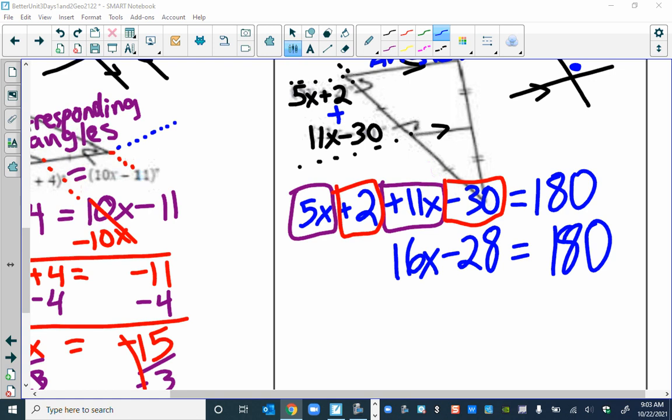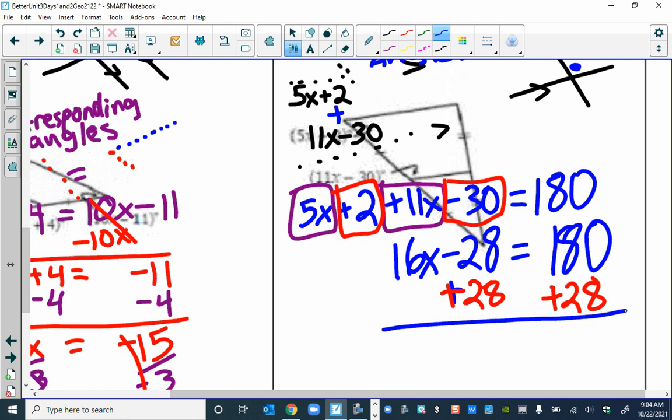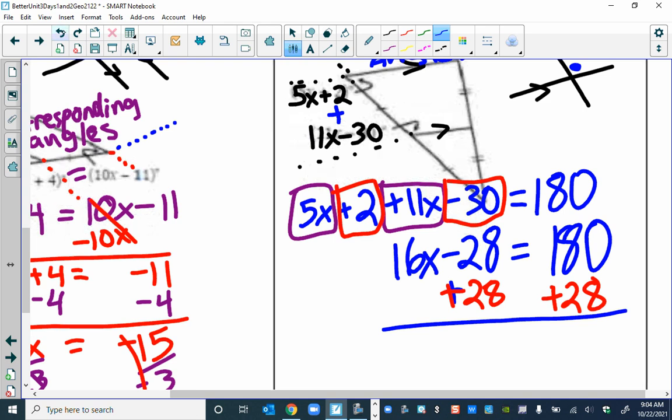Anybody find the value of x yet? 13? Really? Agree or disagree with the 13? Anybody else agree or disagree with 13? Yep, that looks like a winner here. 16x equals 208.